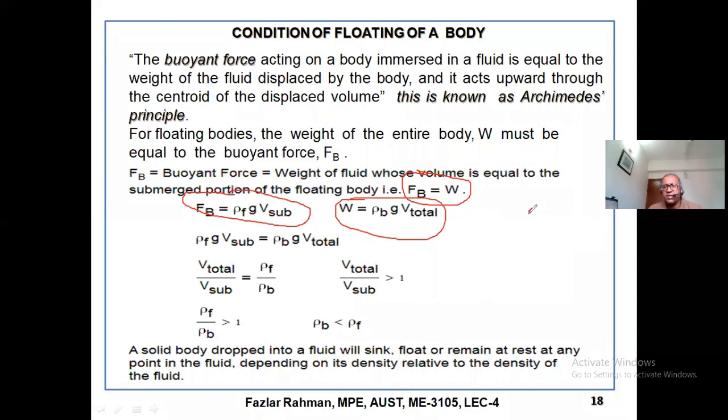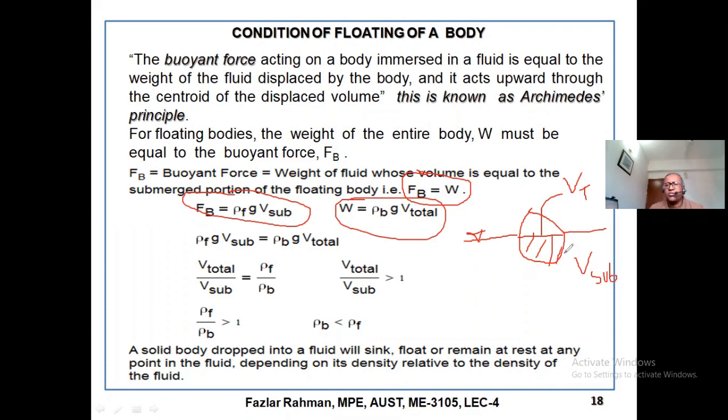So I have a sphere, you put it in the water and it's floating. That means the total volume is VT, and this much volume is submerged. That is V sub. Okay.